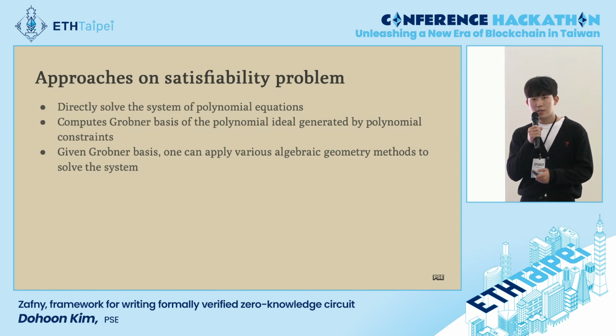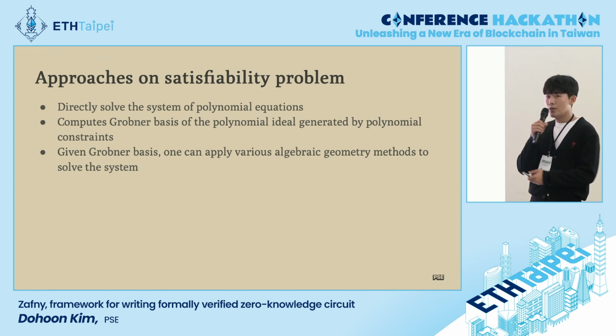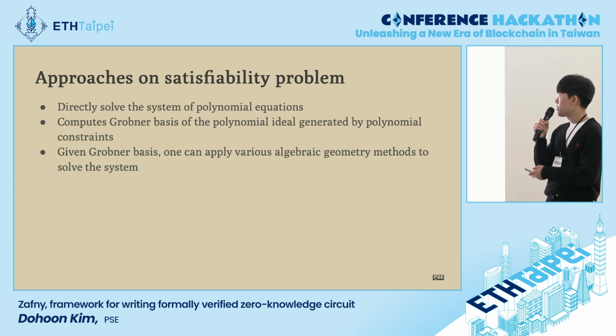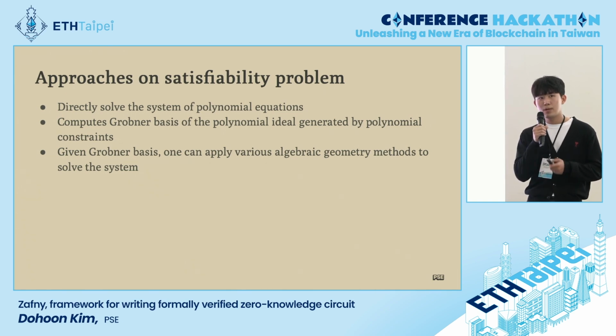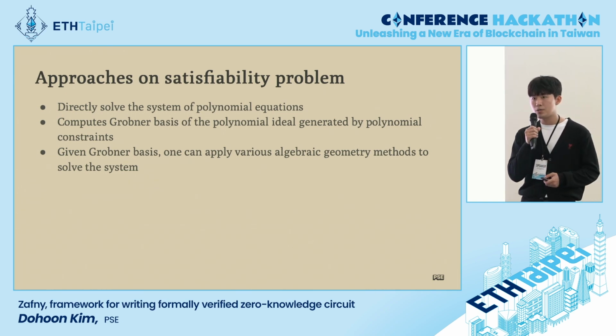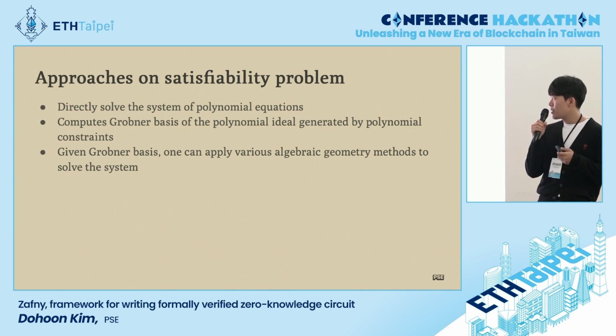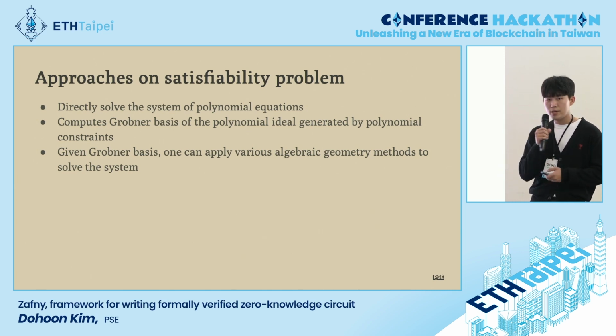So let me first go through the approaches to the satisfiability problem. The most naive way to approach this kind of problem is to directly solve the system of polynomial equations to decide the satisfiability. These problems usually start by computing the Gröbner basis of the polynomial ideal generated by the polynomial constraints.